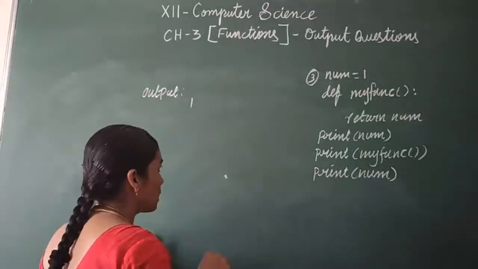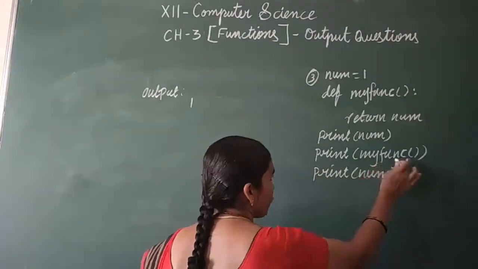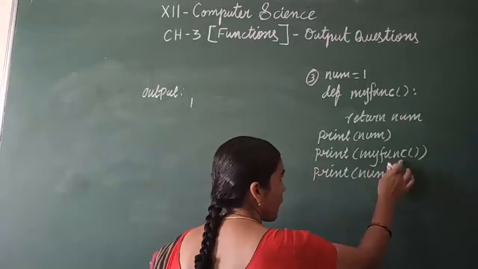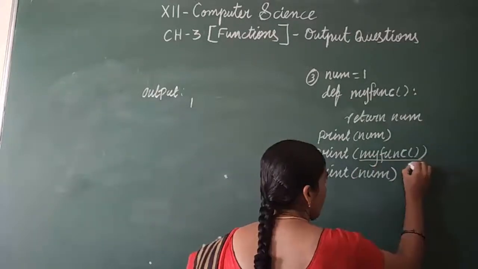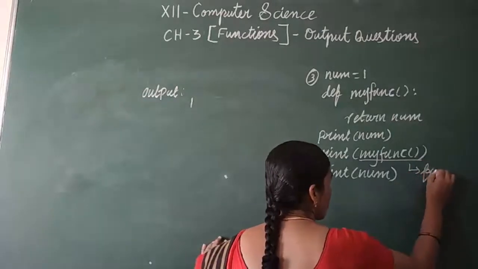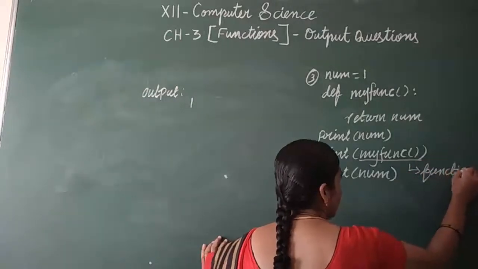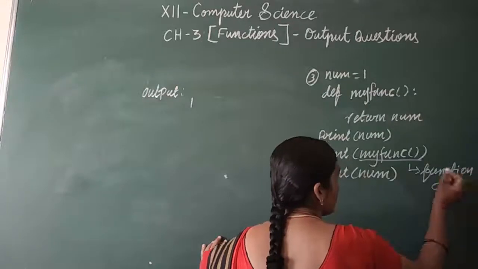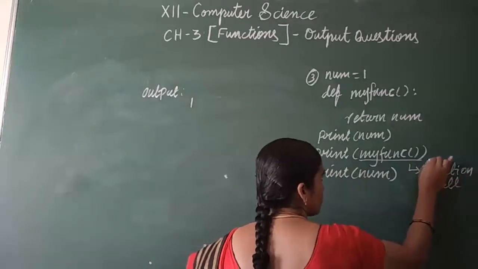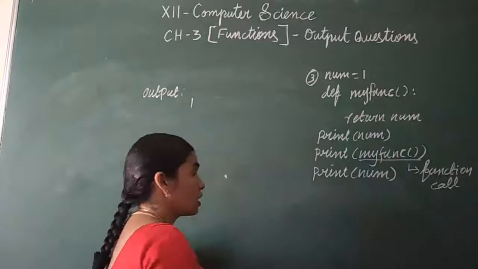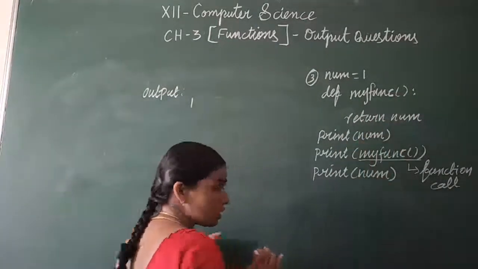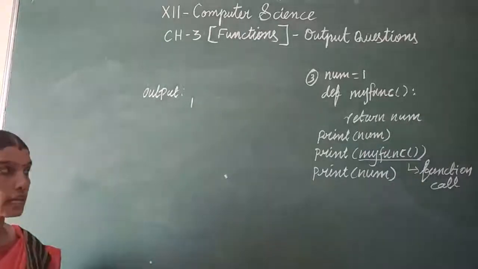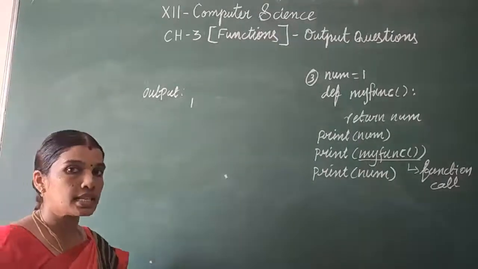Okay, the next is print my function. This is the function call. Immediately the call will transfer to this function definition. Inside the function definition we used only one statement, that is the return statement.